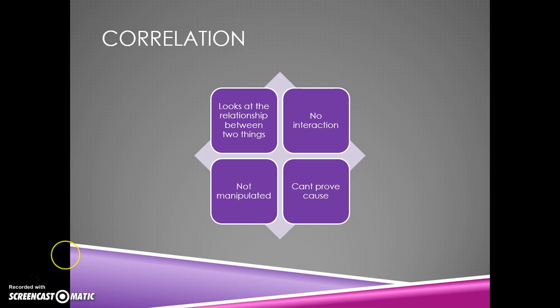So correlation basically looks at how two variables would correlate or be compared to each other. So the increase of the first variable and how this would affect the second variable. So say height and your ability to do a set floor routine in gymnastics.